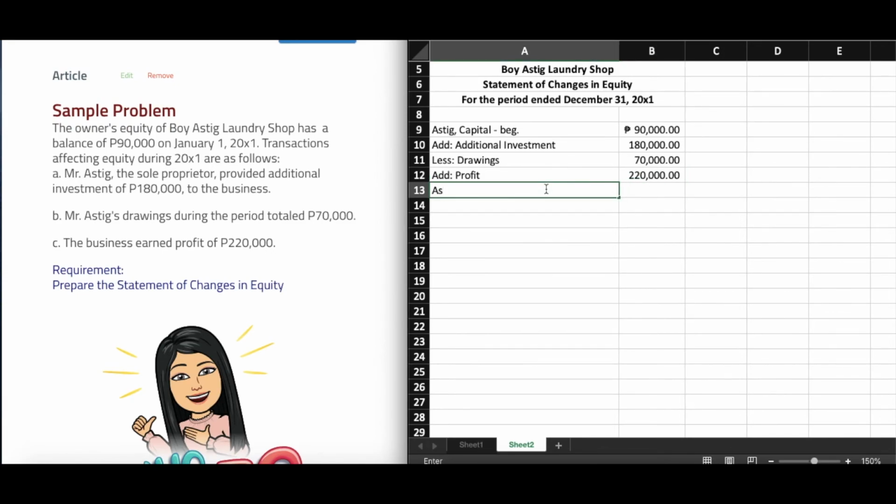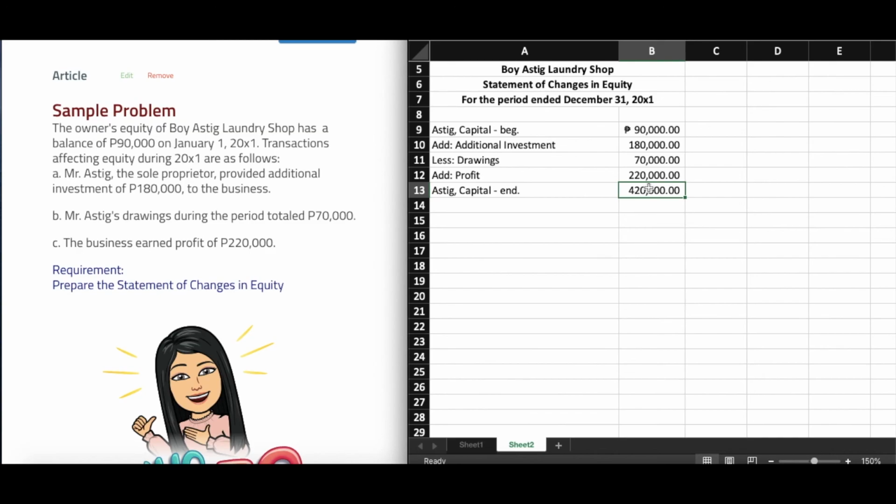So we can now get the Astig capital ending, which is beginning plus additional investment minus the drawings, and then add the profit.